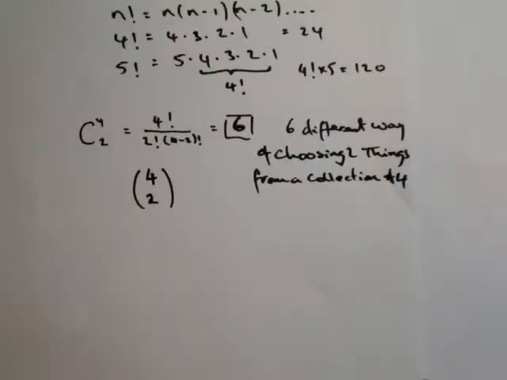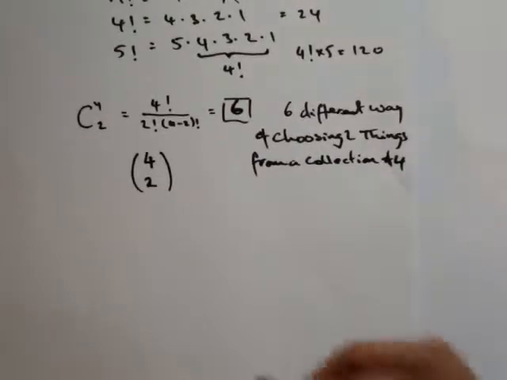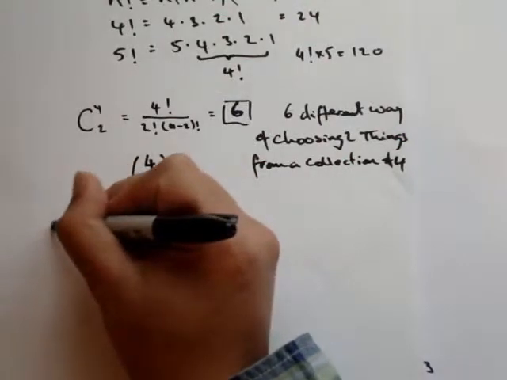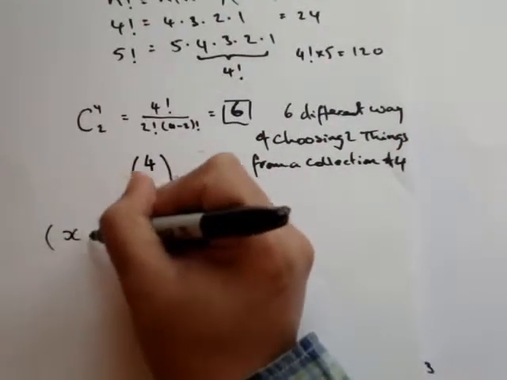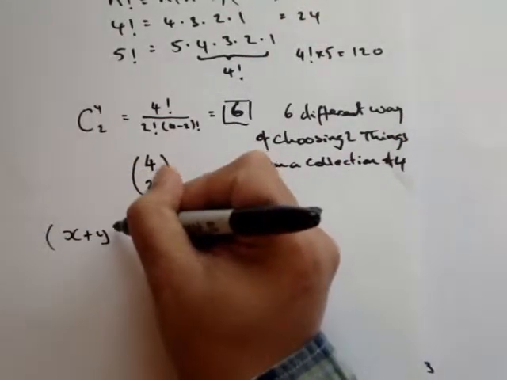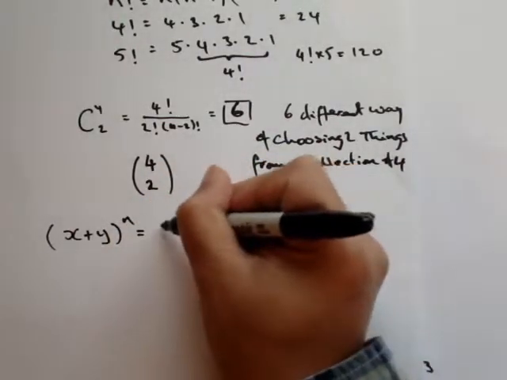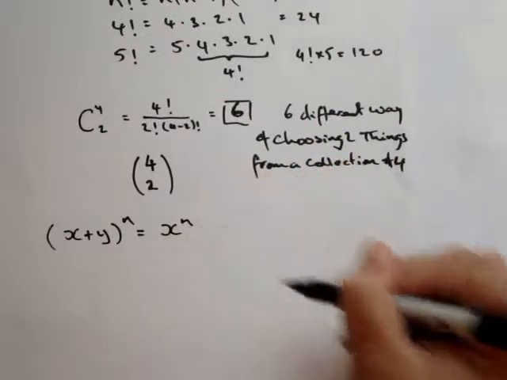Now this expansion is used, so we would have x plus y to the power n. So our first term would be x to the n.